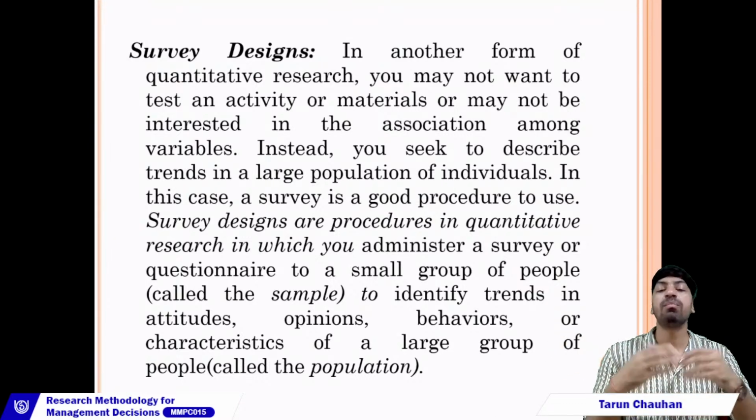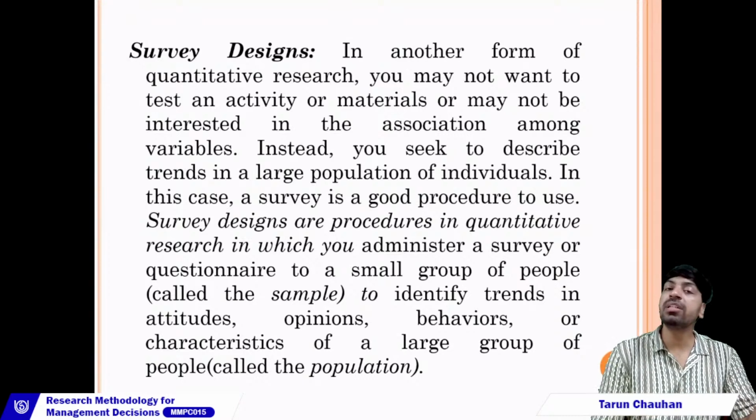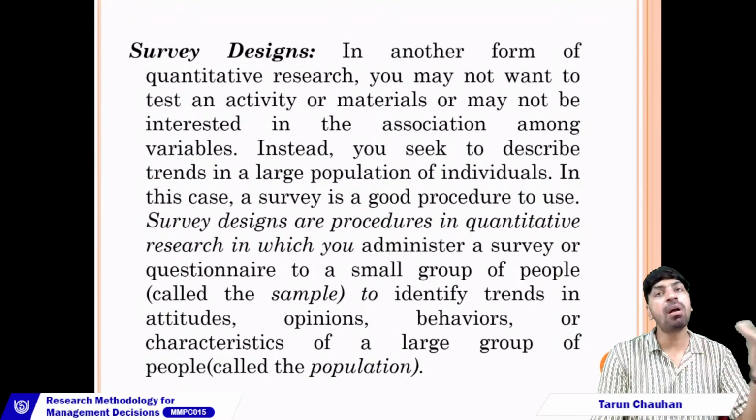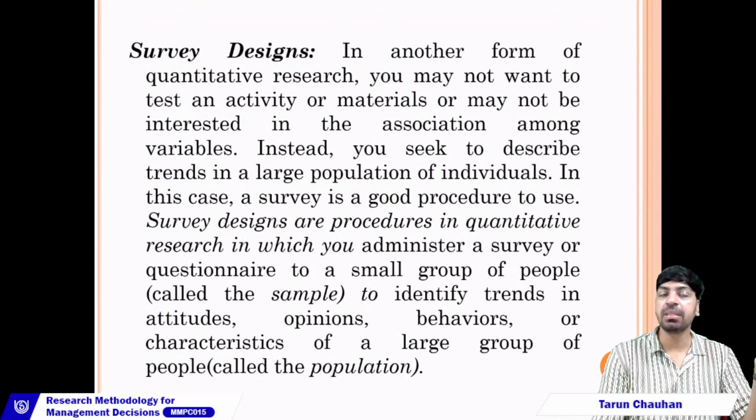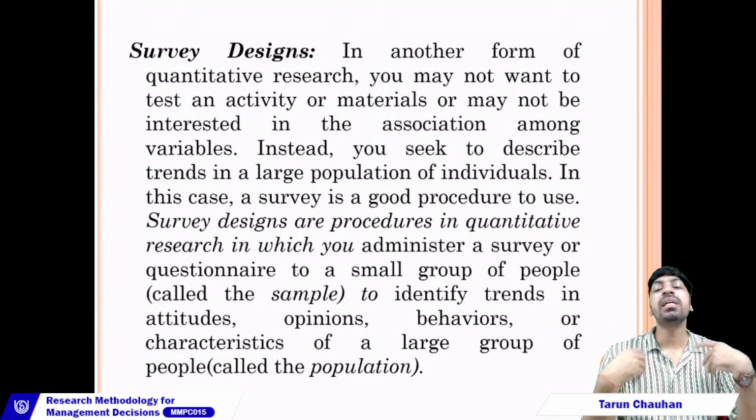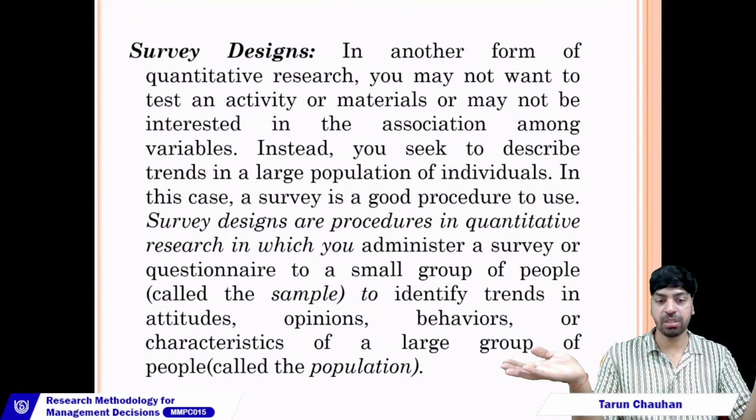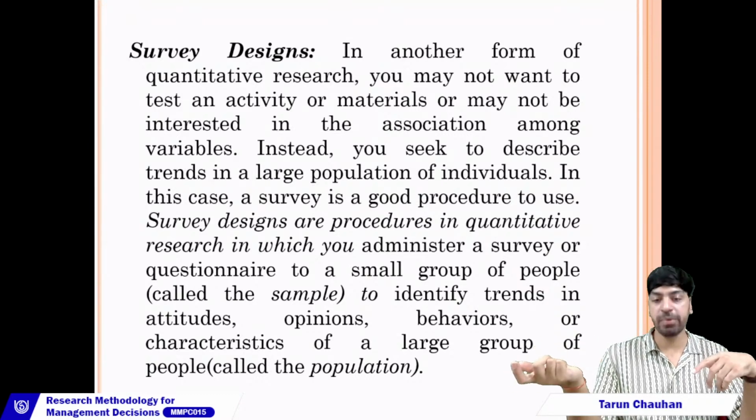It's called population. When a researcher collects the data from a small group, it's called a sample. But when a researcher collects data from a large population, from a large group of people, it's called a population.